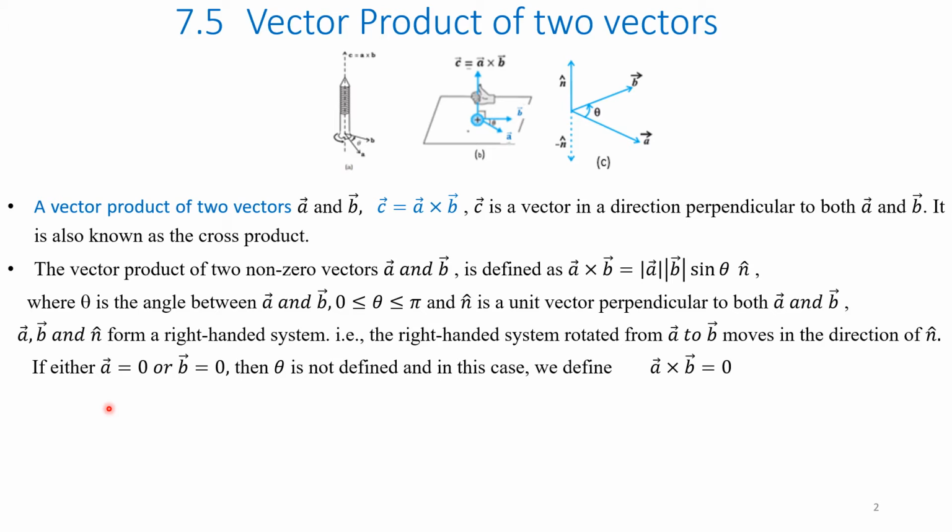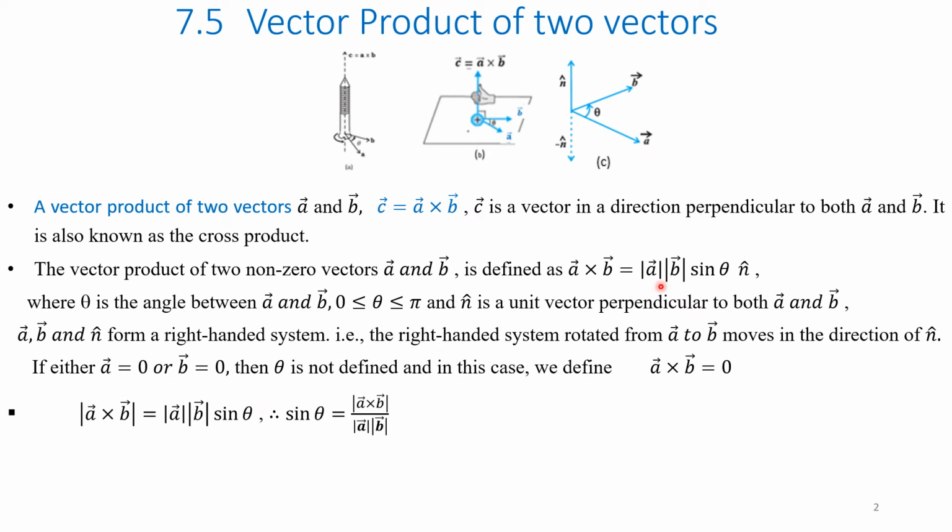If either A equal to 0 or B equal to 0, then theta is not defined. So it is applicable only for non-zero vectors. If A equal to 0 or B equal to 0, then A cross B is 0. There are some more properties.